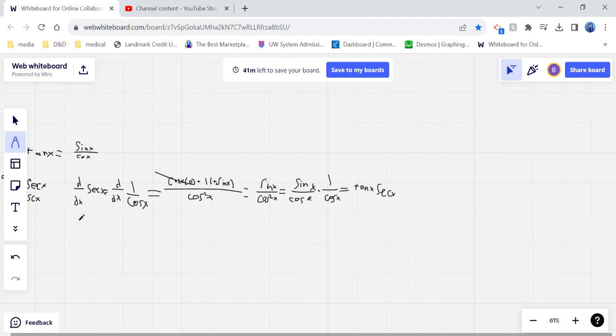Now if we bring this down to cosecant of x, we'll find a very similar answer. So we know cosecant, by definition, is the inverse of sine of x. So the derivative of cosecant of x is the derivative of 1 over sine of x.